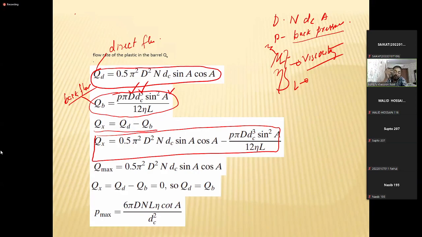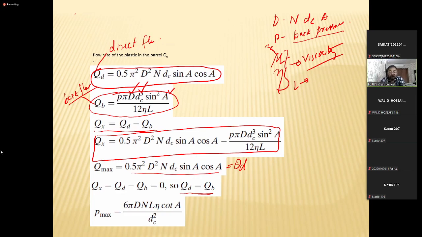That means Q max is equal to the direct flow. Minimum flow, what is called the zero flow, will be when Qd is equal to Qb.